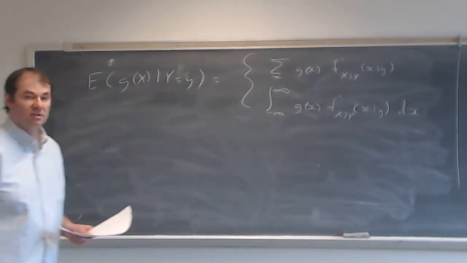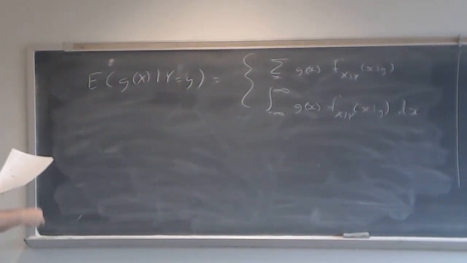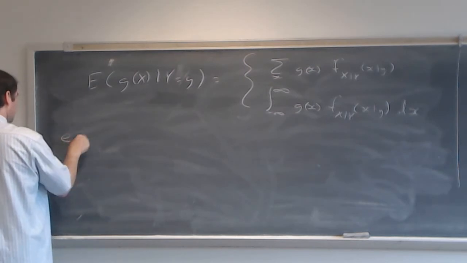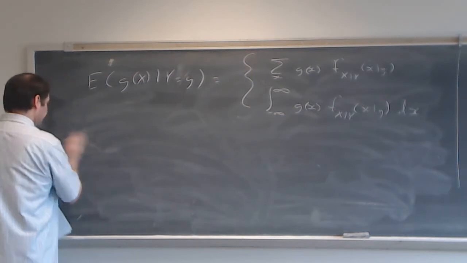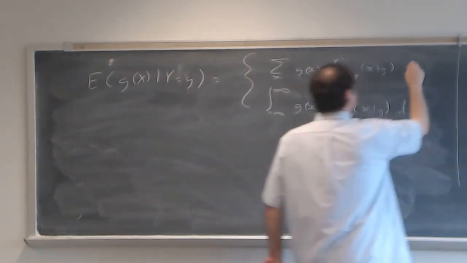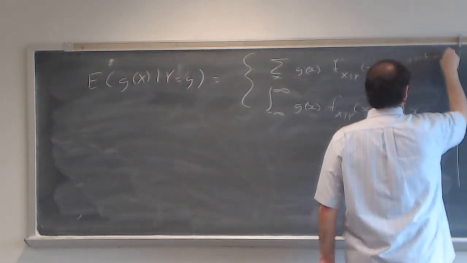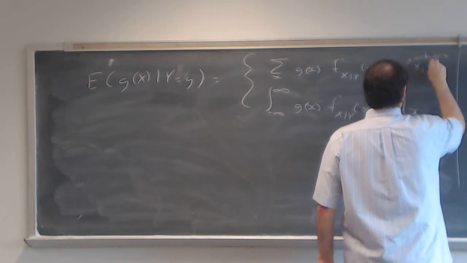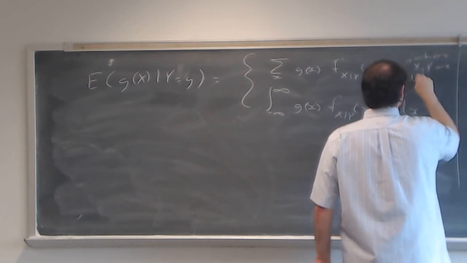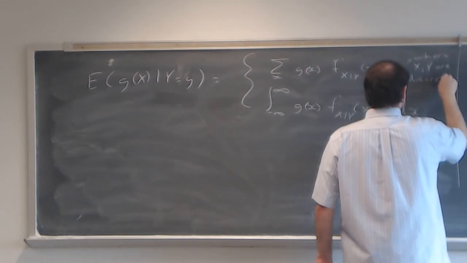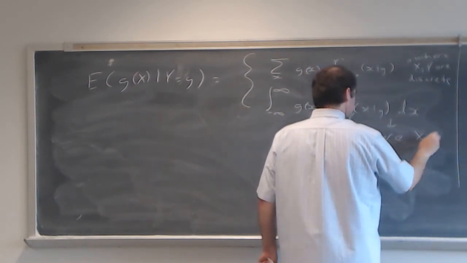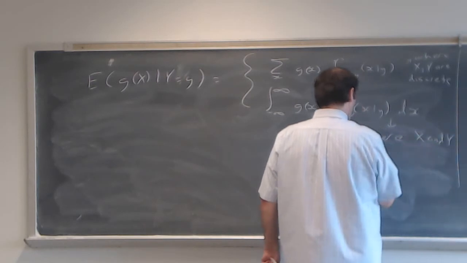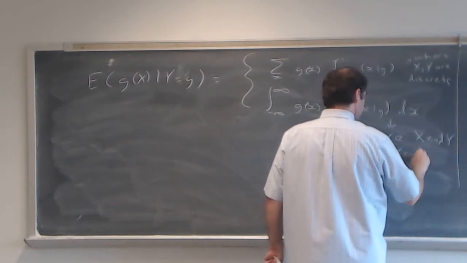Okay, that's its definition. Let's do an example. We'll do an example when we have continuous. Oh, and I should write that too. This is where X and Y are discrete, and this is where X and Y are continuous.